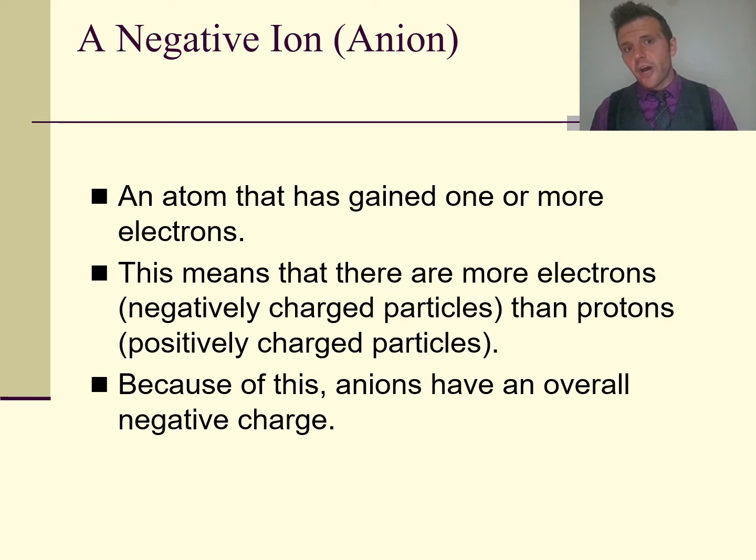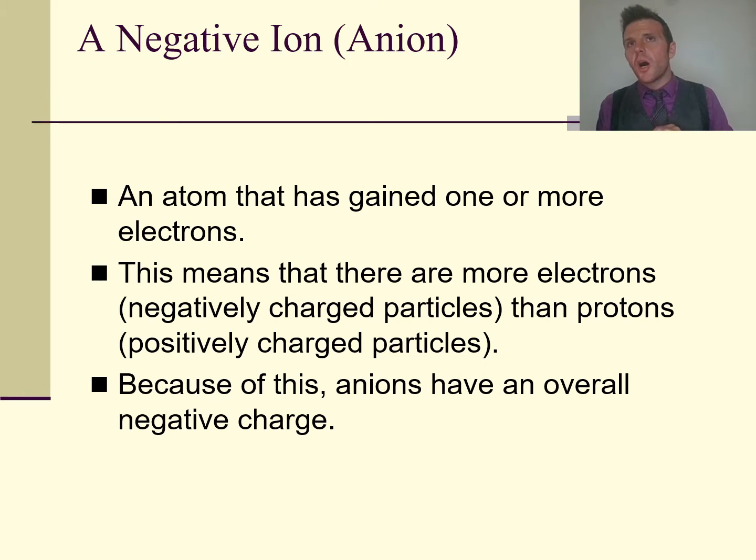A negative ion is called an anion. Chemistry has a lot of definitions that are dualistic in nature, and I'm sure you guys, if you know what that means, good for you. Dualistic means two things that are opposites.